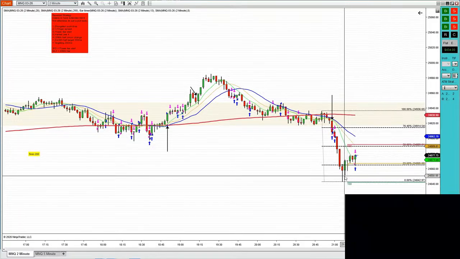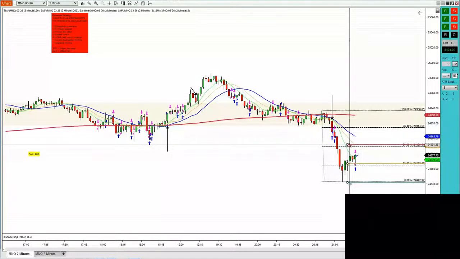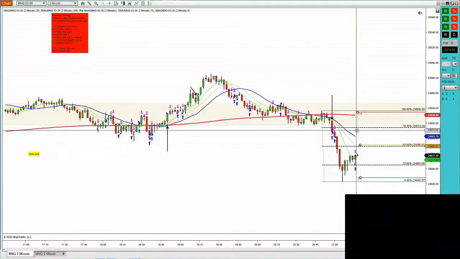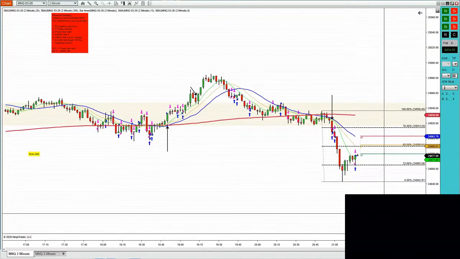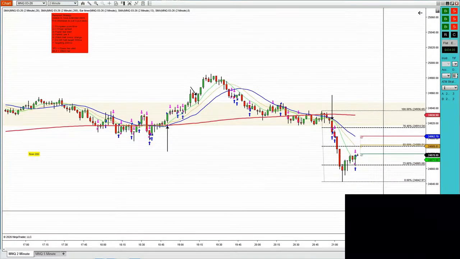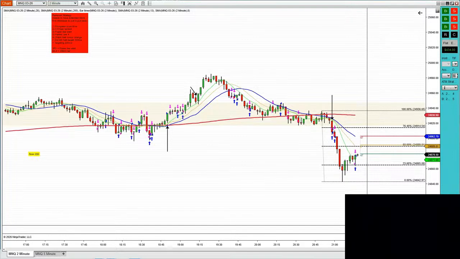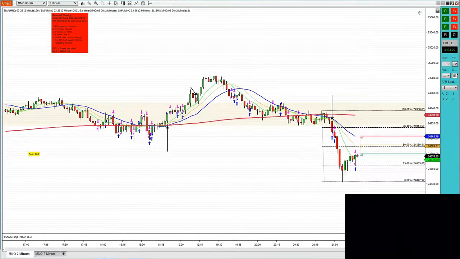The better color change would be that, or you want to short off of the blue line. That's okay. The only reason why I took that is because I've got this nice little buffer to play with.